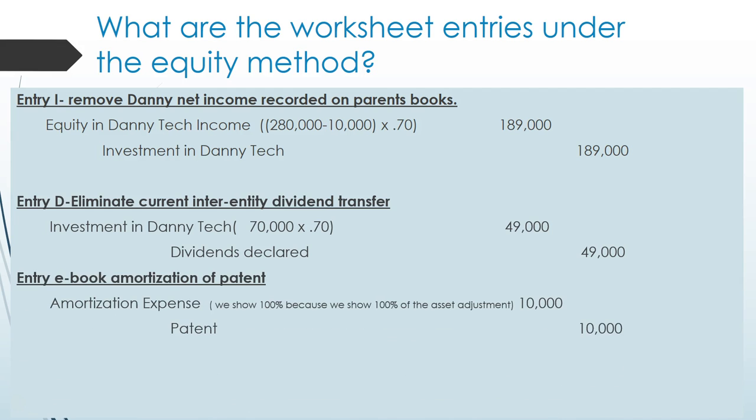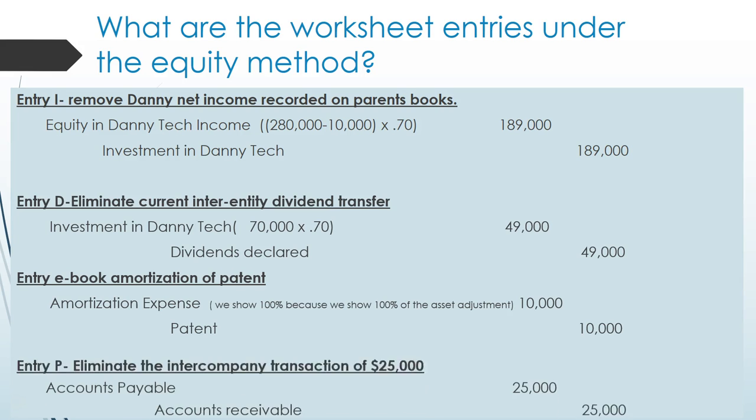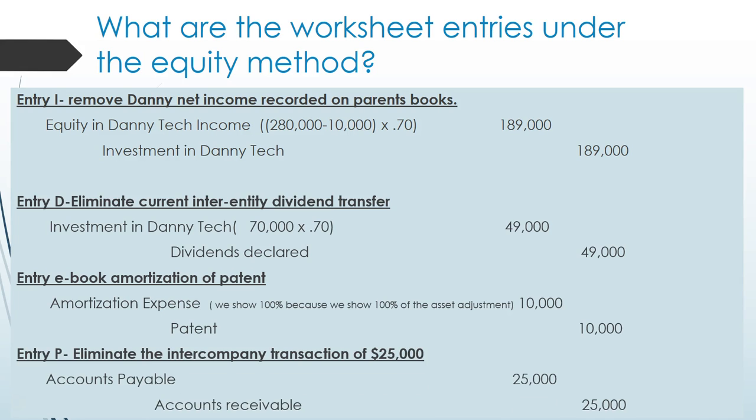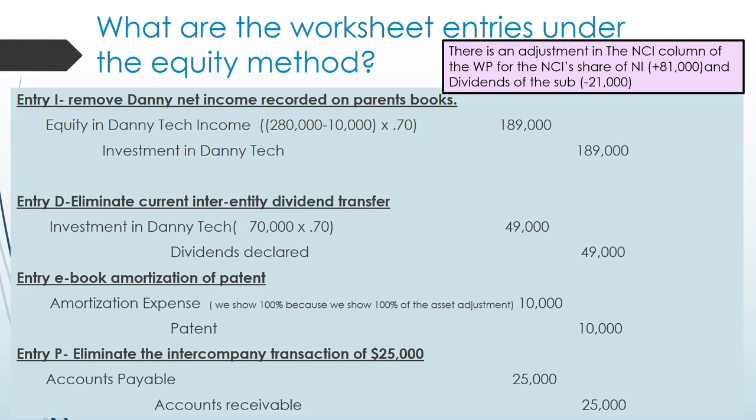And then we would book the amortization. And the last thing we would do is remove the intercompany accounts receivable and accounts payable. So again, there would be that non-controlling interest column, as I said before, and we would be adjusting net income by 81,000, subtracting that out, and we would be showing dividends at 21 would be their share.